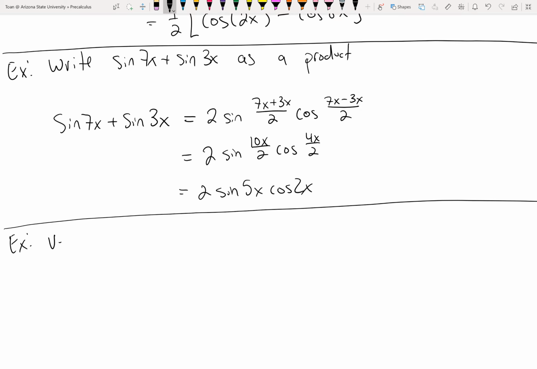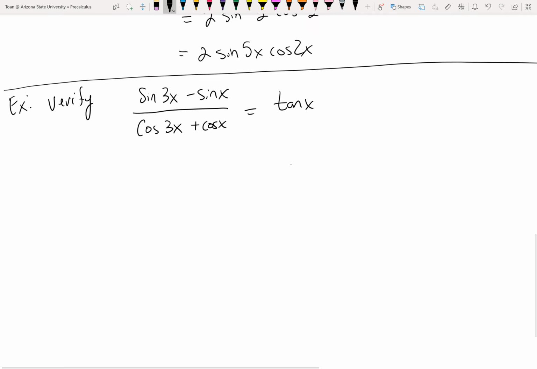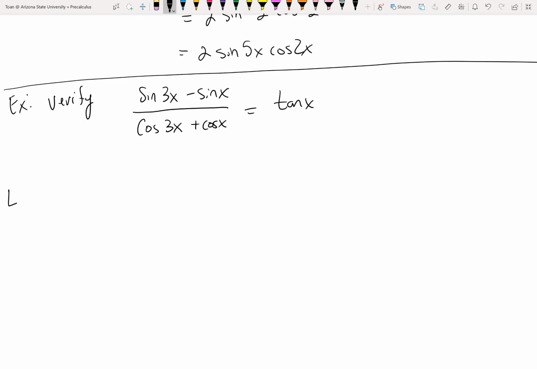So suppose I ask you to verify that sine of 3x minus sine of x over cosine of 3x plus cosine of x is equal to tangent of x. I don't think anyone's going to argue that the left-hand side is more complicated, so that's what we're going to start with. Now notice what we have here.